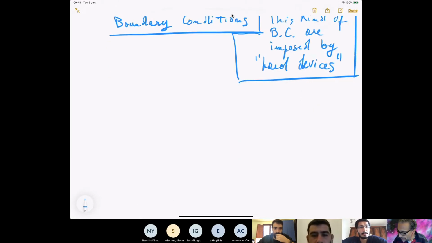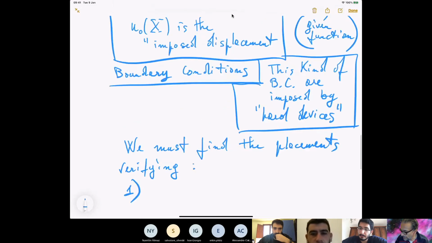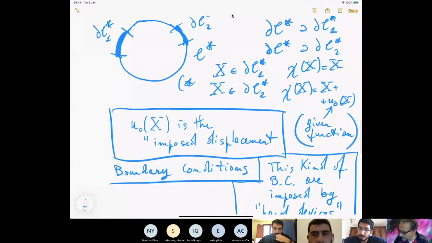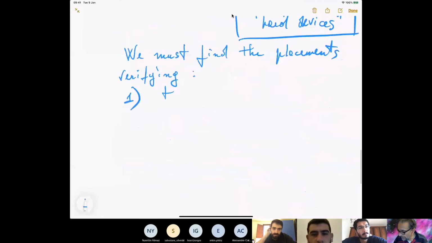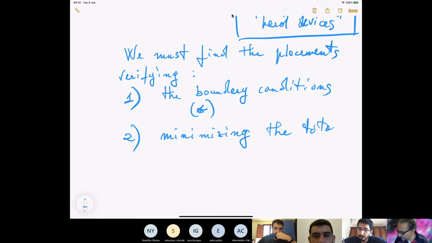So we must find the placements verifying one, let's call them star, the boundary conditions star, and two, minimizing the total energy.